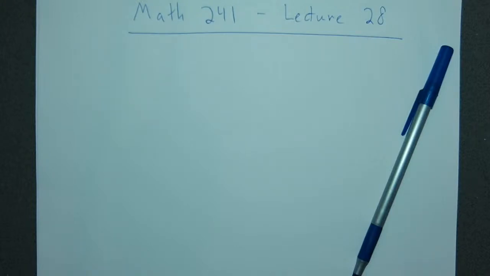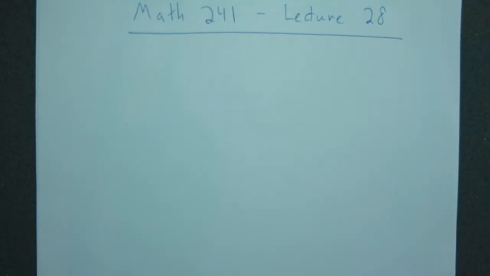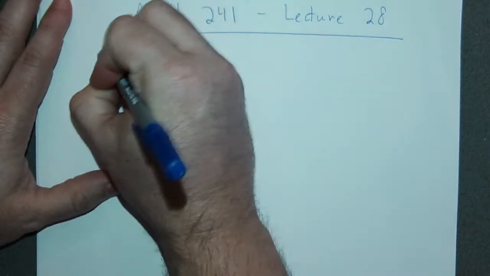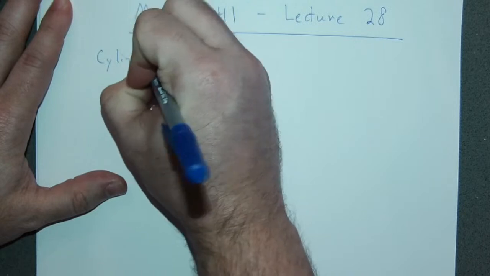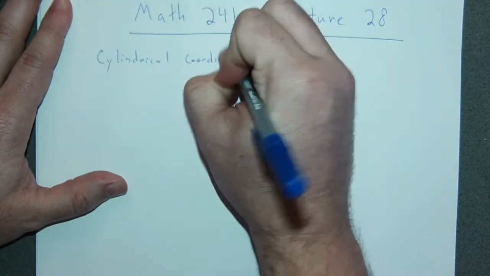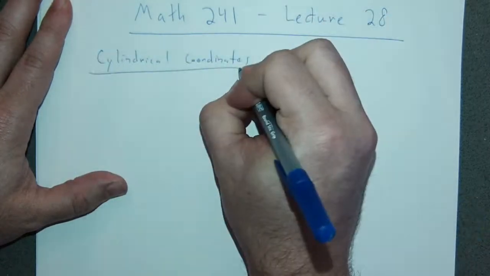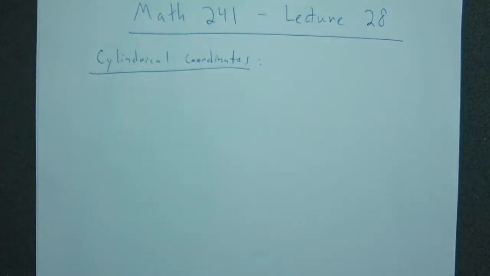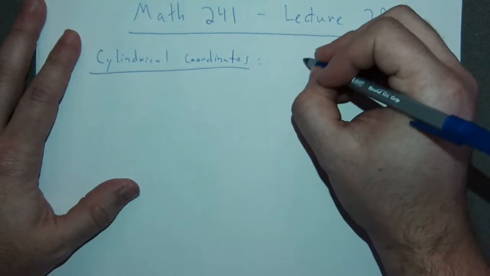Okay, so welcome everybody. Last lecture we ended with a discussion of cylindrical coordinates. Cylindrical coordinates, as we saw, are really just polar coordinates in the xy plane with a z added.